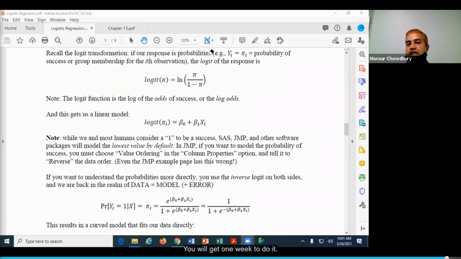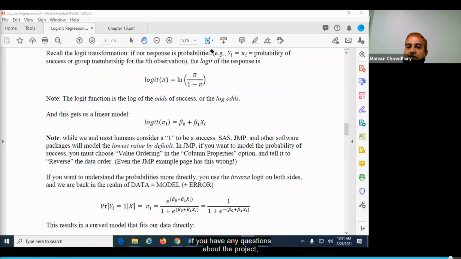So you will get one week to do the homework, and the homework will be based not on this chapter but on chapter 13 and chapter 10, which we already finished long ago, so you just need to review this part, and there will be like 2 data sets for each of these chapters.